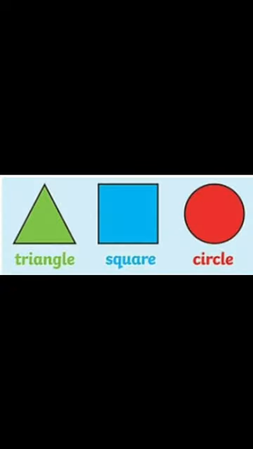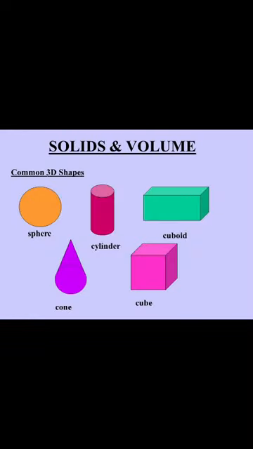Our 2D shapes are flat shapes. That means flat shapes are called two-dimensional shapes. And cuboid, cube, cylinder, sphere, cone. These are called 3D shapes or solids. What is the difference between the two? They have volume also. They are not empty, they are filled inside.